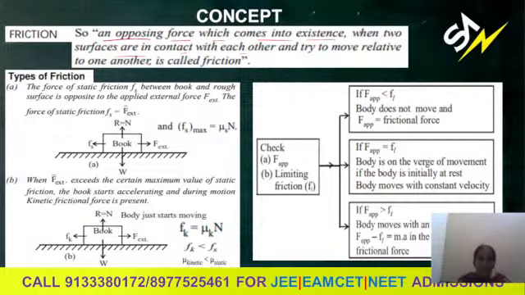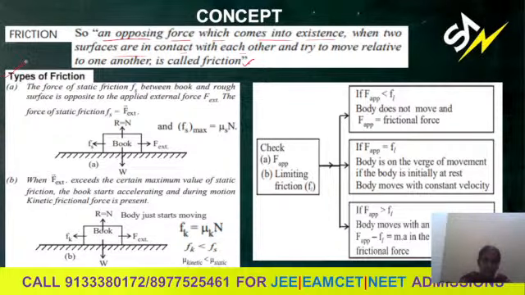So if any two surfaces are in contact and there is a relative motion between those surfaces, the force which develops in that situation to oppose that relative motion is called friction.